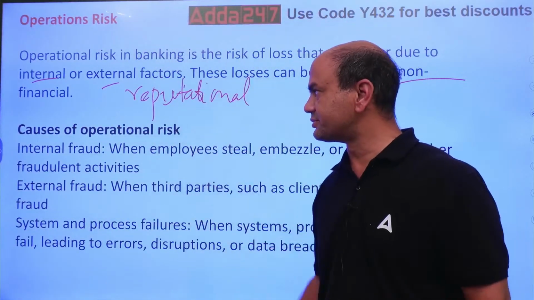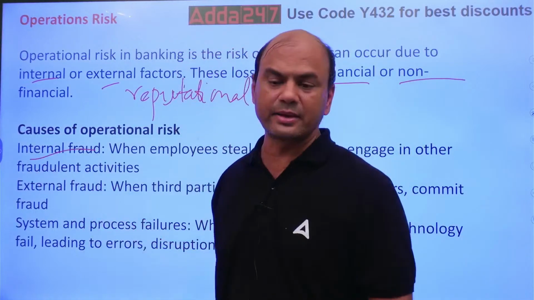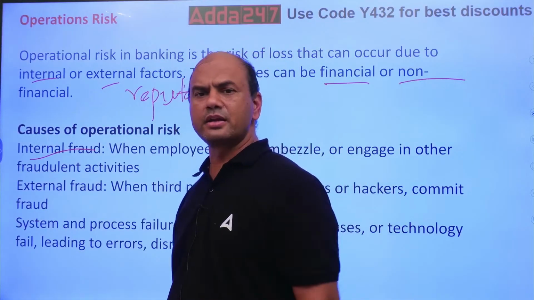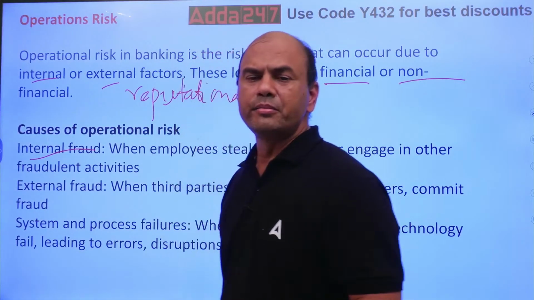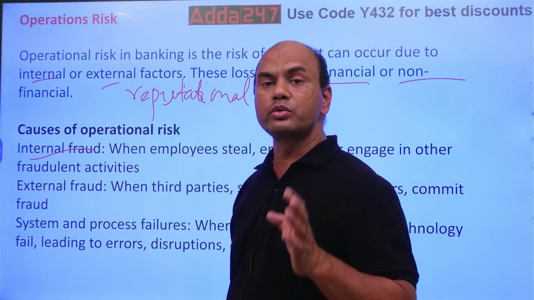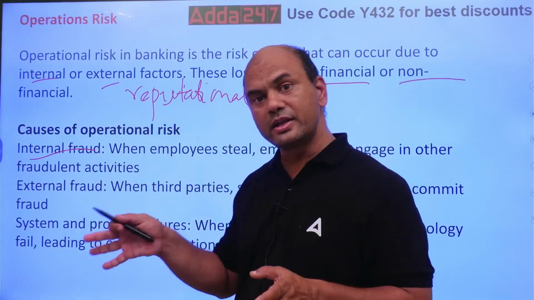What are the causes? Internal fraud. Very important. Many a time this problem arises. Majority of the frauds in the bank are somewhere related to some employee, either intentionally or unintentionally.